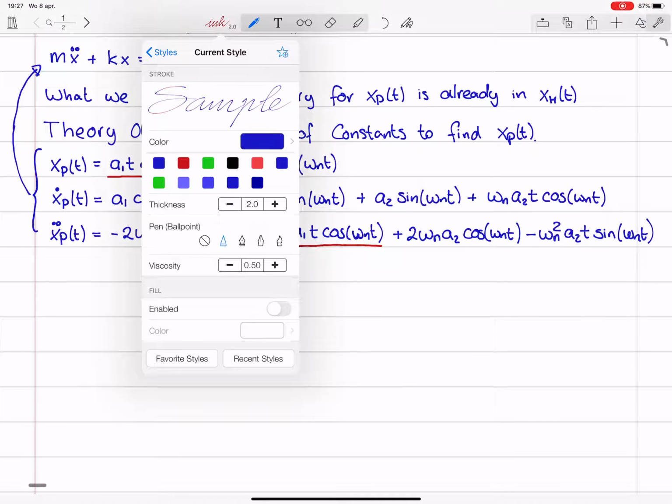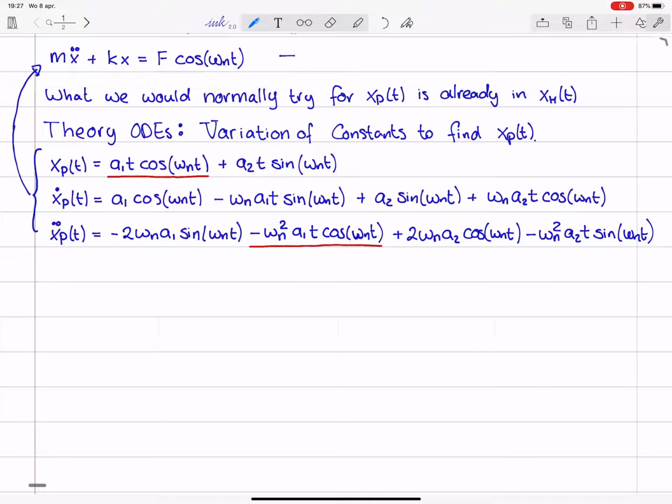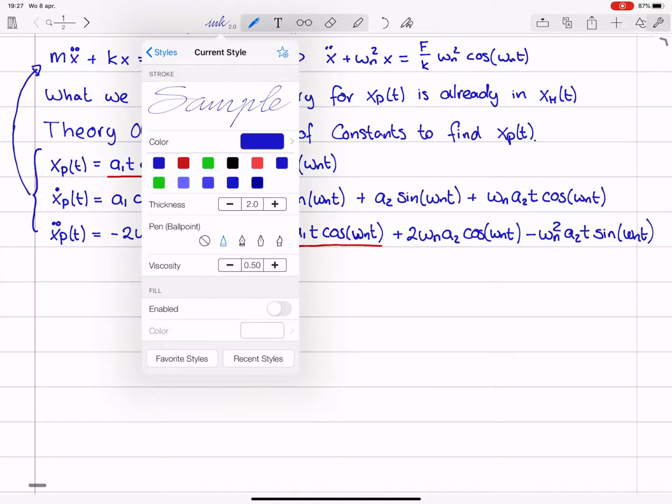Maybe I should have done that first, because this equation of motion can be rewritten to standard form, x double dot plus omega n squared x is equal to f divided by k omega n squared cosine omega nt. If we substitute it in this, you can immediately see that it is being cancelled.